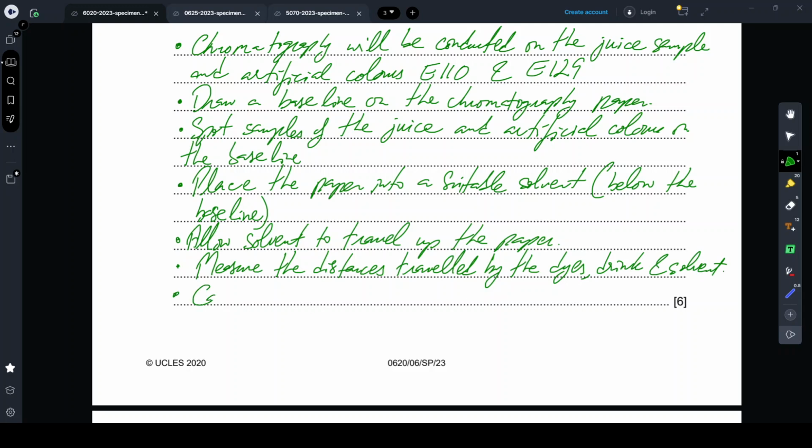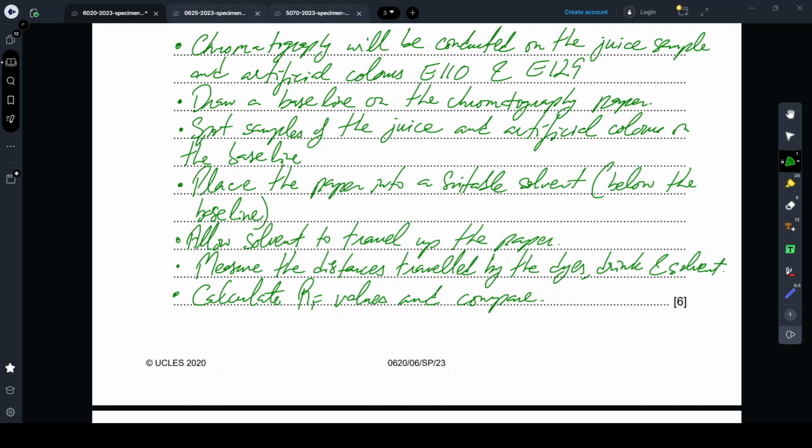Calculate Rf values and obviously compare. So we actually ended up writing 7 points. These are actually sort of like 8 points in the mark scheme.